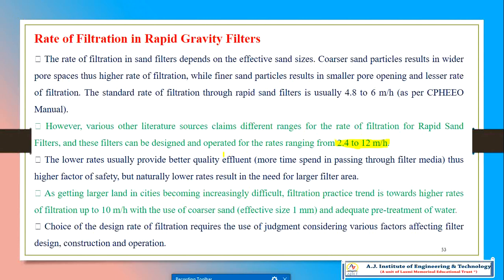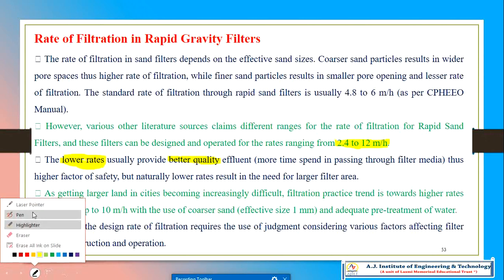Some literature surveys say the lower rates usually provide better quality effluent; the quality of the effluent is always high at lower rates. Why am I telling this?